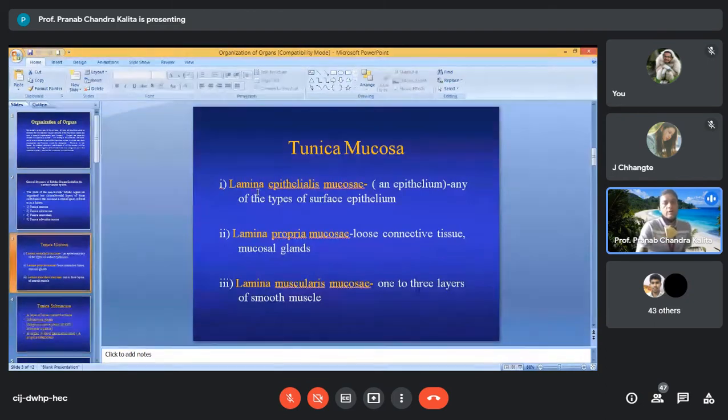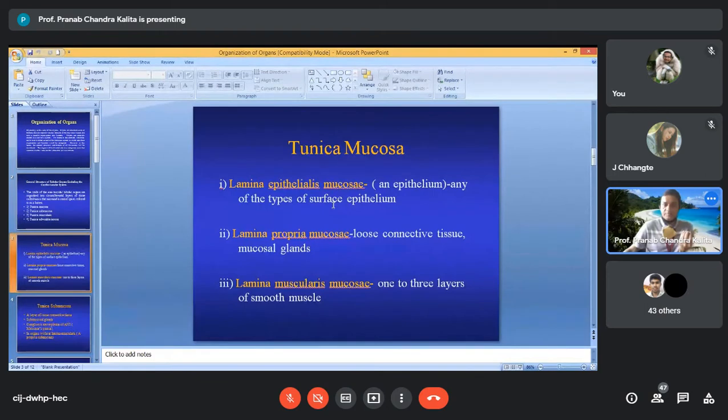While we are talking about the lamina epithelialis mucosae, it is the superficial layer of Tunica mucosa. It is an epithelial layer. So it may consist of any type of epithelium, that means the surface epithelium. You know the different types of epithelium. Depending upon the organs, suppose you go to the esophagus, a tubular organ, here you will find the lamina epithelium is a protective epithelium, keratinized, for wear and tear.